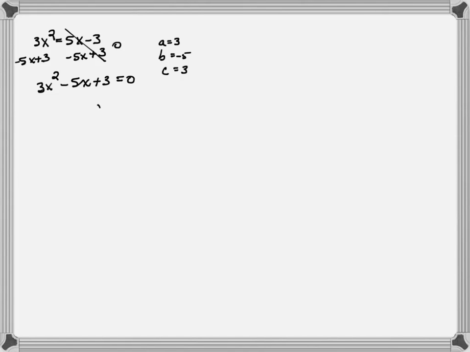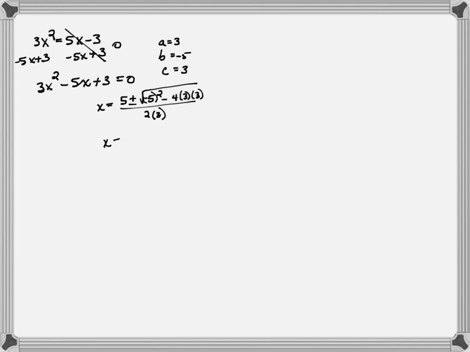Okay, so x equals negative negative 5, which is going to be 5, plus or minus the square root of negative 5 squared minus 4 times 3 times 3, all over 2 times 3.